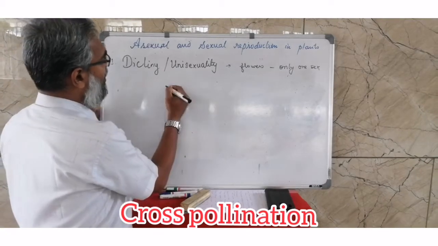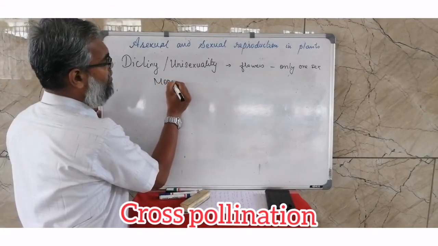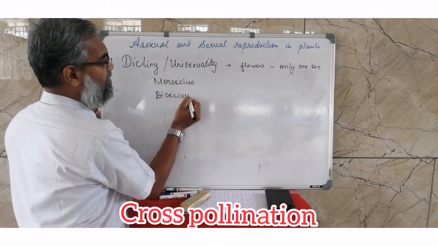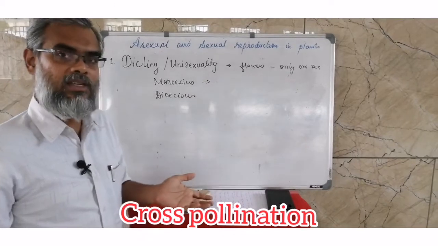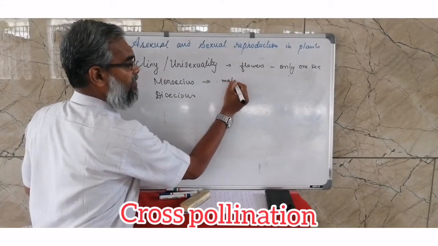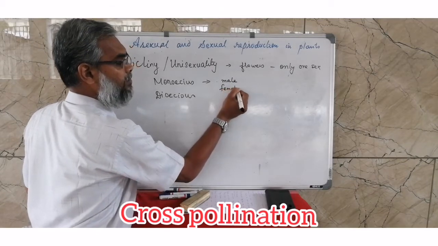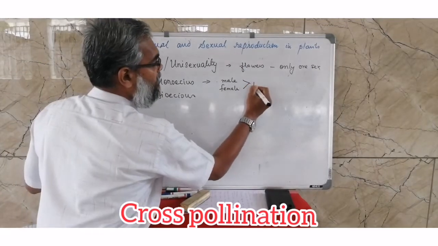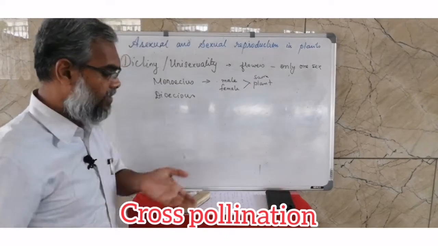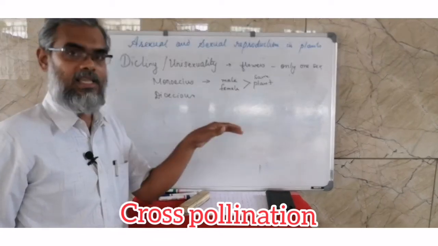So in this we have two things. One is monoecious plants and another one is dioecious plants. What are monoecious plants? We told already, isn't it? Male flower and female flower will be present in the same plant.